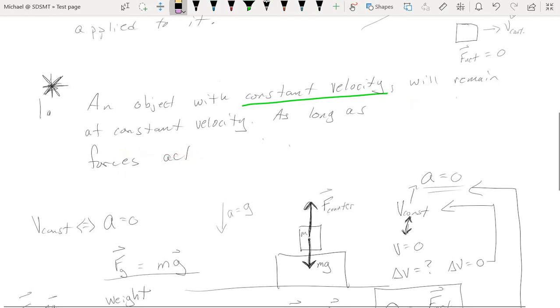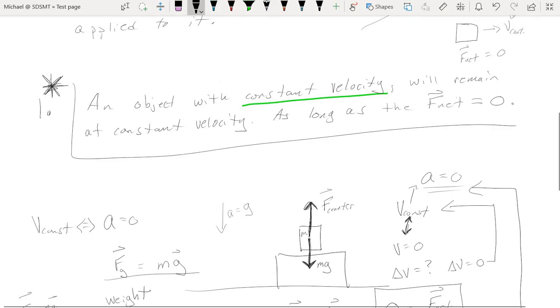We just have to make sure that those forces are combining in a very specific way. So we'll say as long as the net force acting on the mass equals 0.